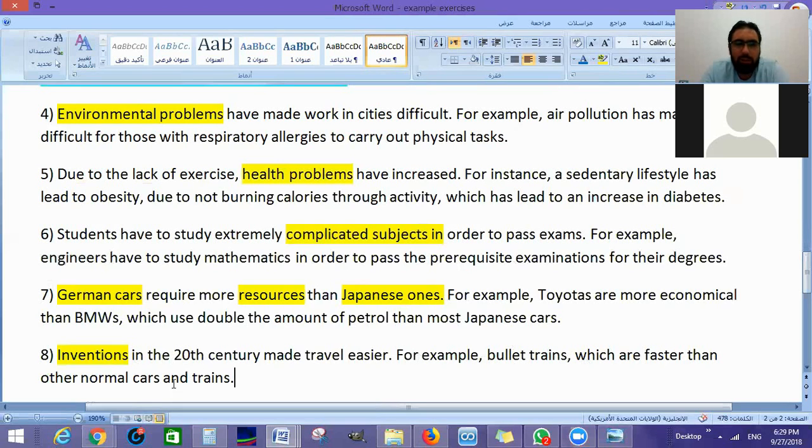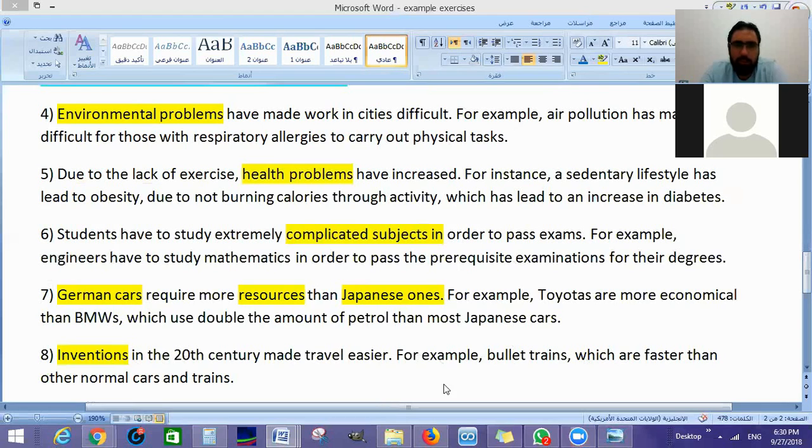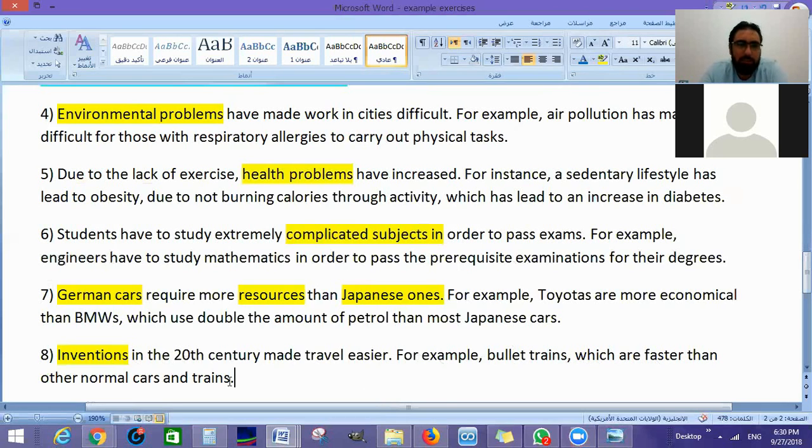I think cars and trains are both in the 20th century, so I don't think it's a transport. For example, let's say faster than horses, I think.